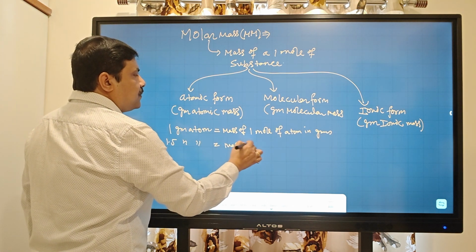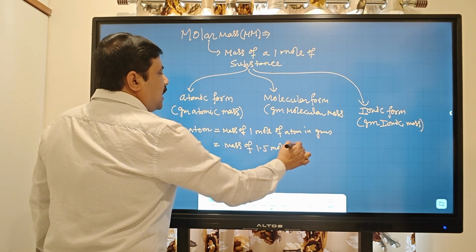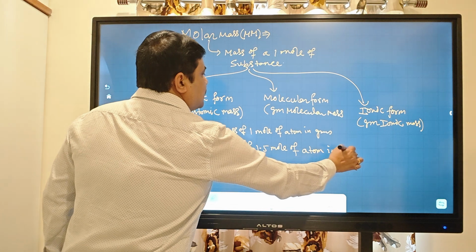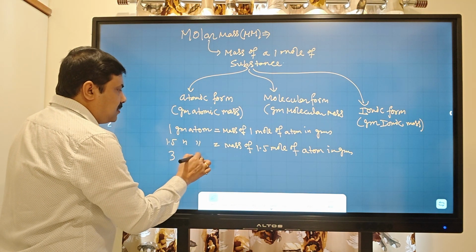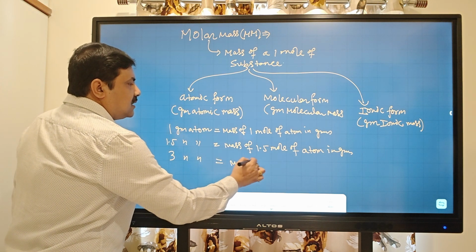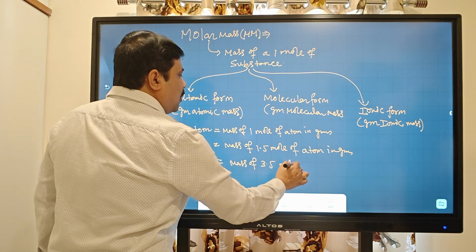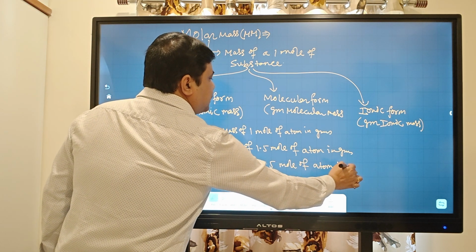Mass of 1.5 mole of atoms in grams. If I say 3.5 gram atom, what is the meaning of that? Mass of 3.5 mole of atoms in grams.